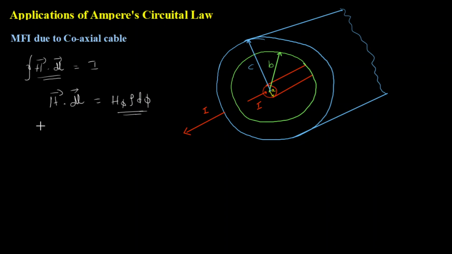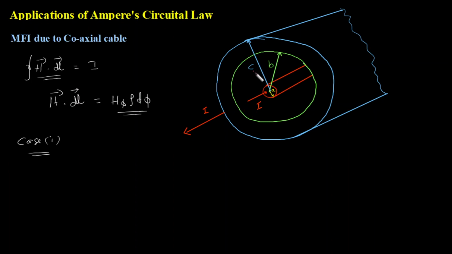So I have to take the first case, okay, let me note it as case 1, as the magnetic field at some point which is greater than a and less than b. So where does it come, greater than a and less than b means somewhere here, my point P is somewhere.